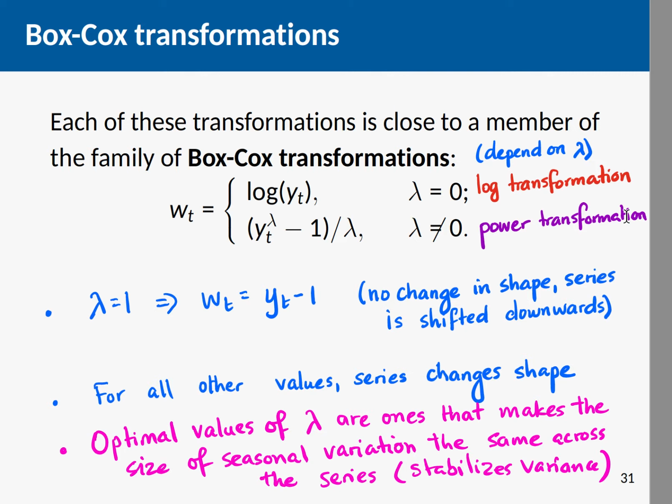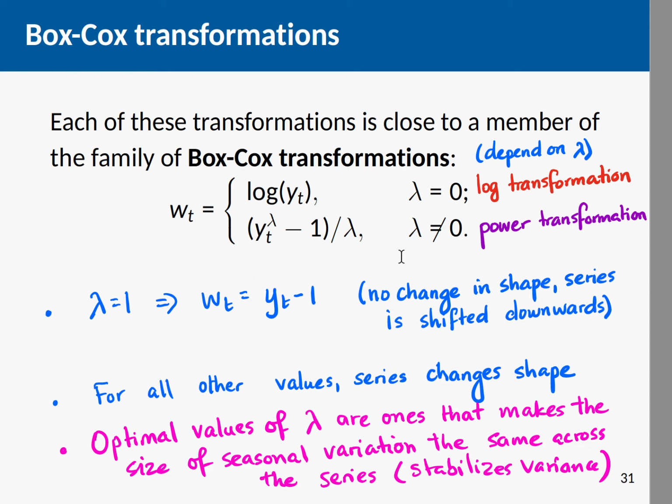So the BoxCox transformations depend on a parameter lambda. The transformed series here, wt, would equal the log of the original series if lambda is equal to 0. So the BoxCox transformation is conditional on the value of lambda to make the series continuous. And wt is going to be some sort of power transformation if lambda is not equal to 0.